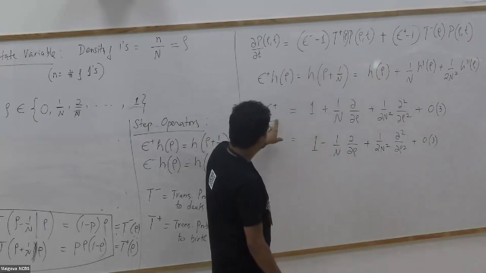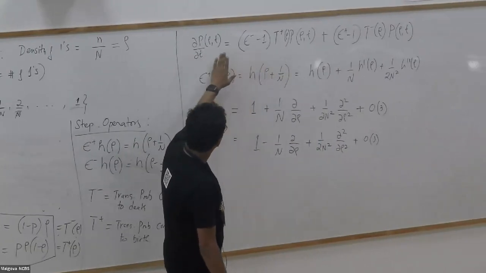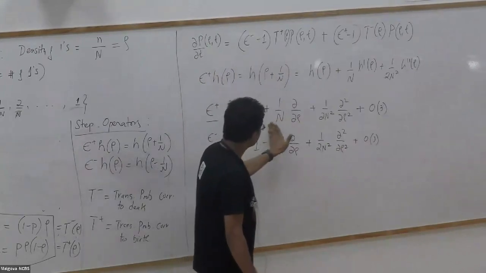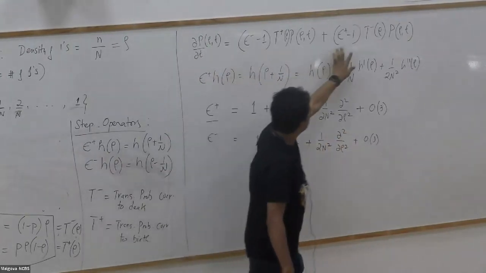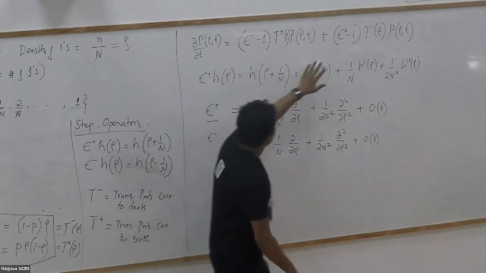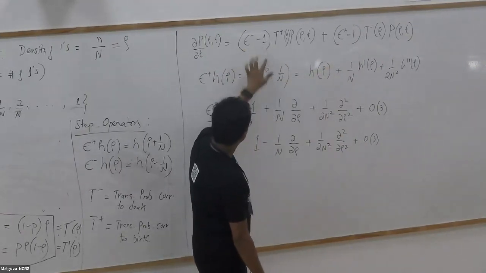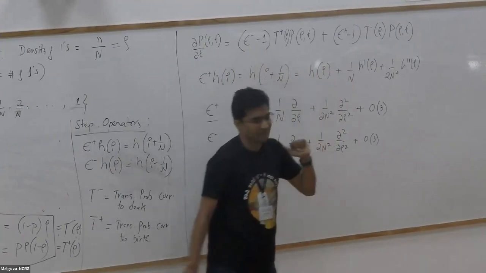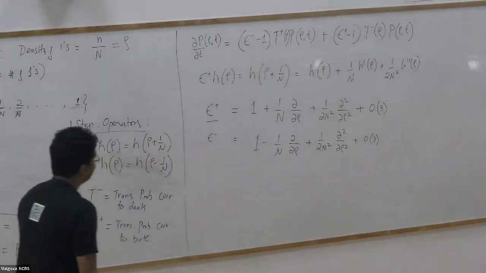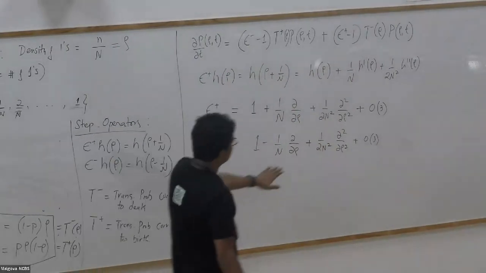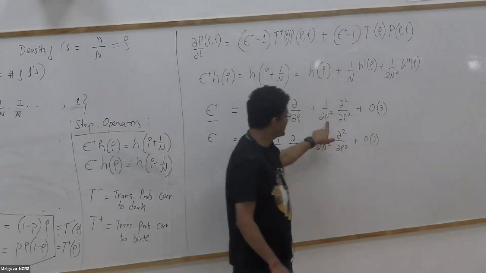So if I take this to the left hand side, in this equation what we can do is replace epsilon minus 1 with these terms, and epsilon plus 1 with these terms. Is that clear? And I am going to ignore everything above second derivative because n is a very large number.